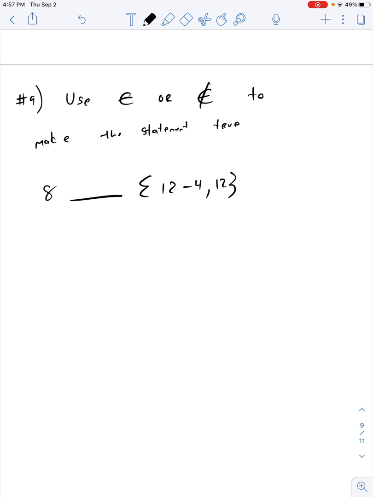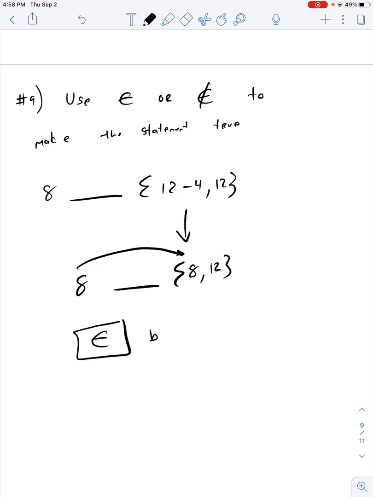So we take a look here. Does not look like 8 is in there, but if we simplify 12 minus 4, that actually gives us 8. So now that is our set. We can see that 8 is in there. So once again, we use this notation, right? Because 8 is an element of the specific given set. So that's number 9.